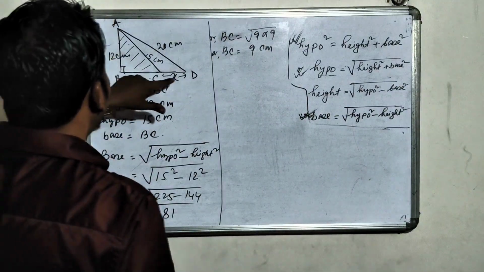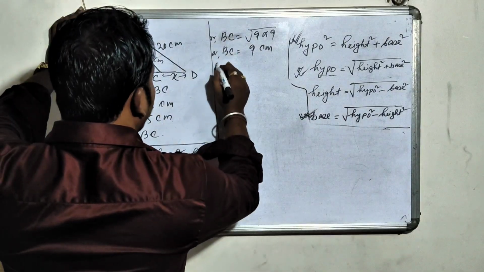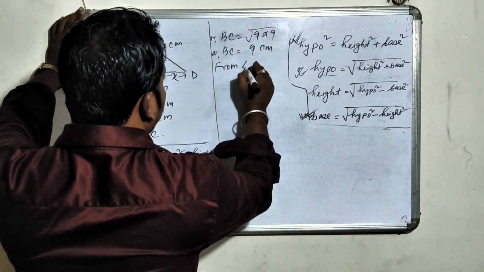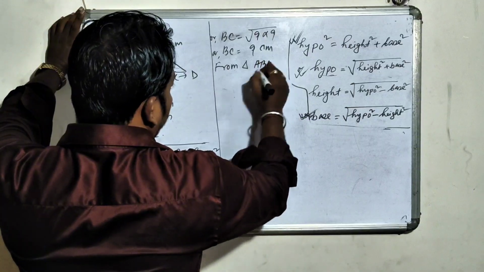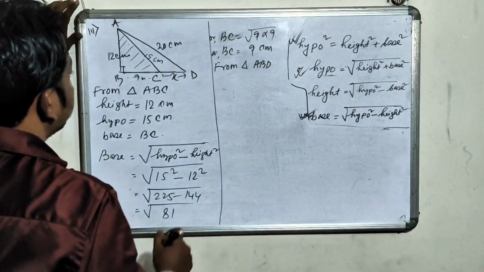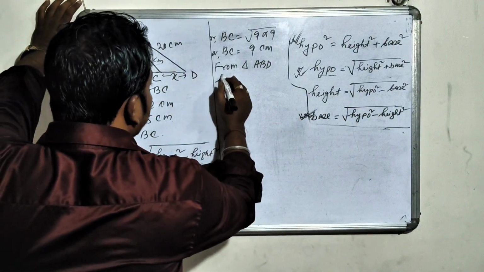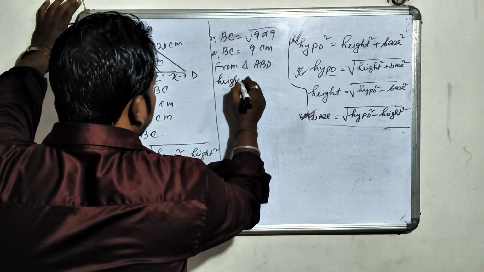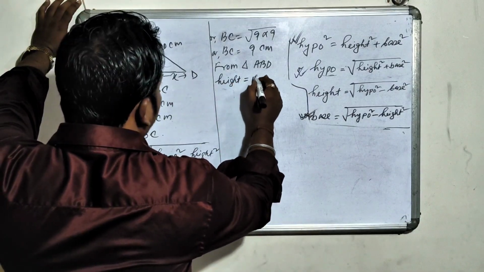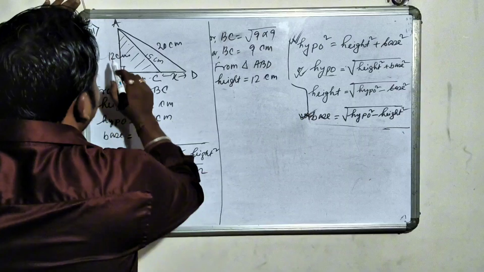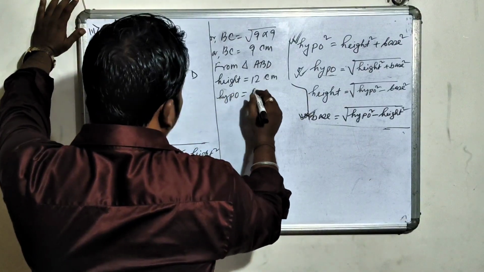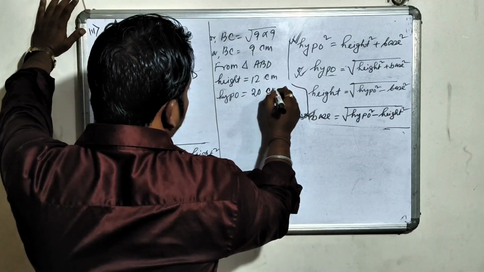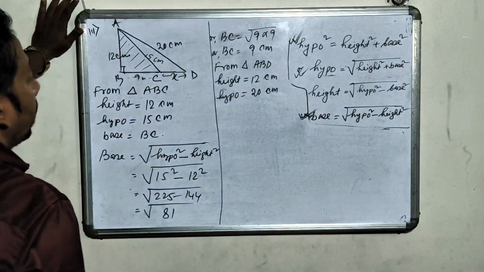Now again take the triangle ABD. So from triangle ABD we get height equals to 12 centimeter, hypotenuse equals to 20 centimeter.